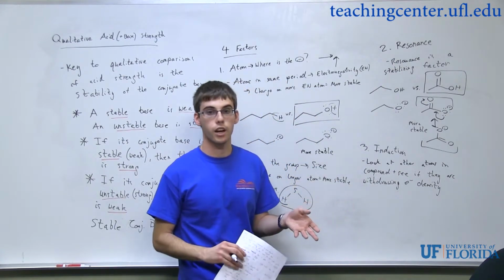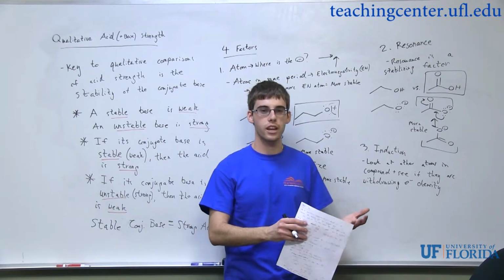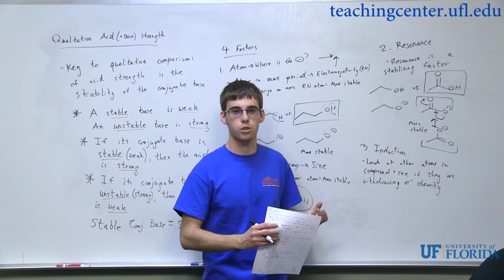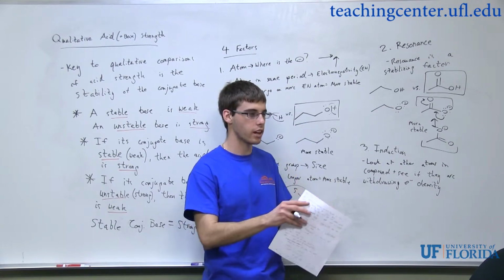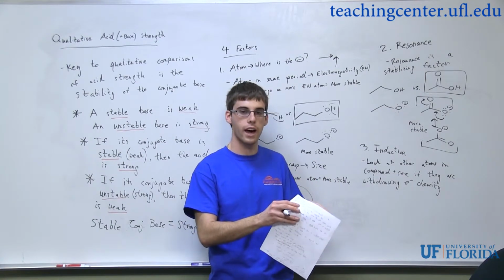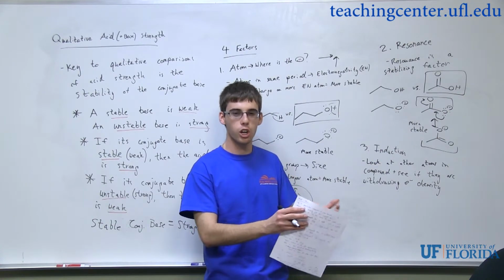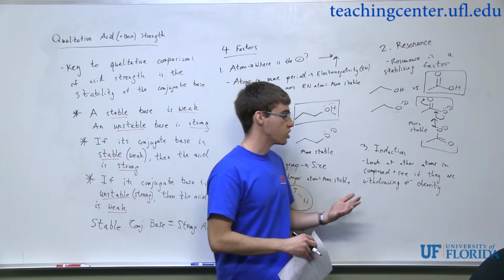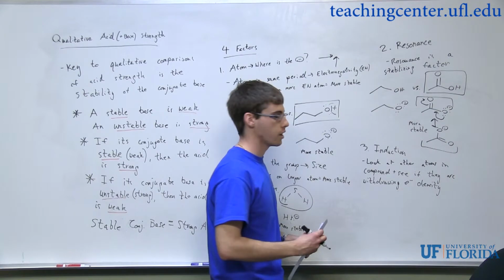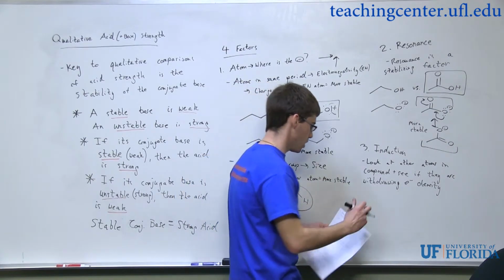If you have electronegative atoms that are withdrawing electron density, imagine that as them kind of pulling that negative charge towards them. They're kind of spreading it out. Instead of that negative charge just being concentrated on one atom, it's being kind of drawn away from it. And that's going to stabilize that negative charge, and hence stabilize our conjugate base.